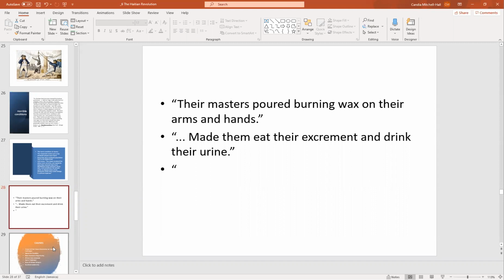So whether you are pregnant or not, you would have gone through some of these punishments. These harsh punishments caused them to desire their freedom and to rebel against the system of slavery.